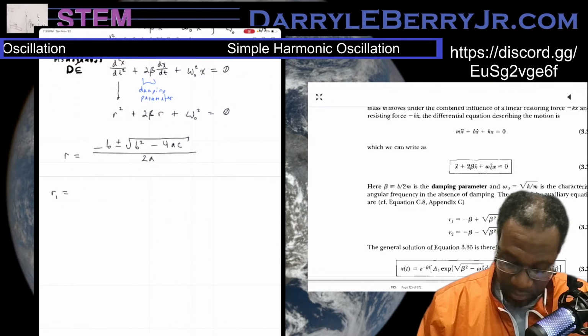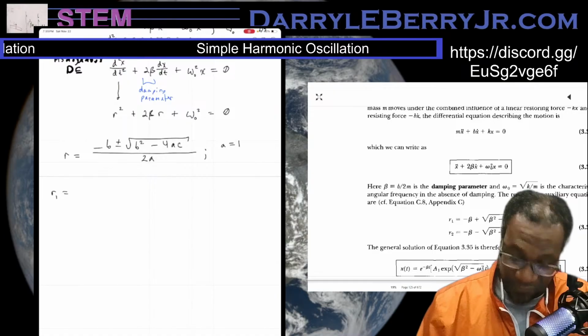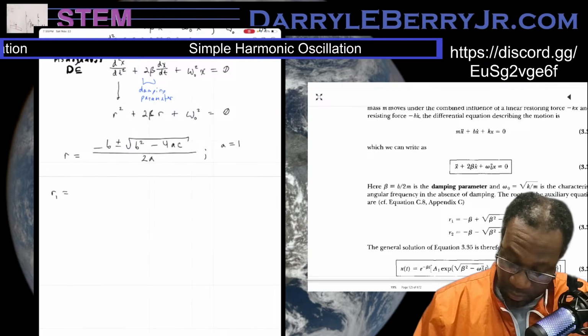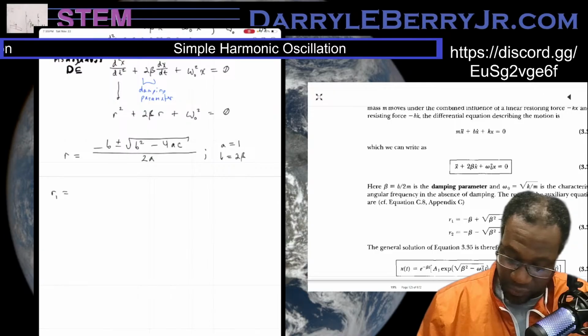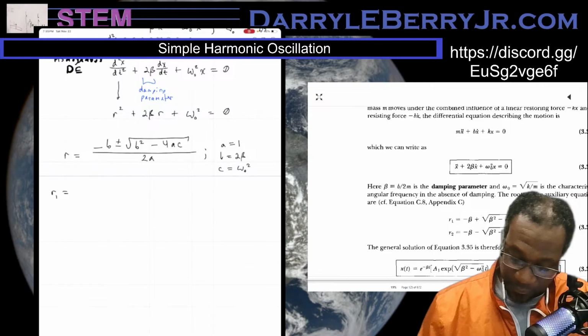Maybe I should note that a equals 1, which is the coefficient of r squared, b equals 2 beta, which is the coefficient of r, and c equals omega naught squared.